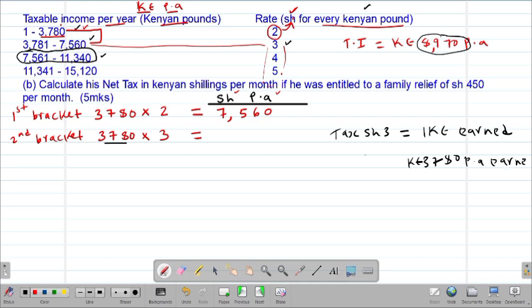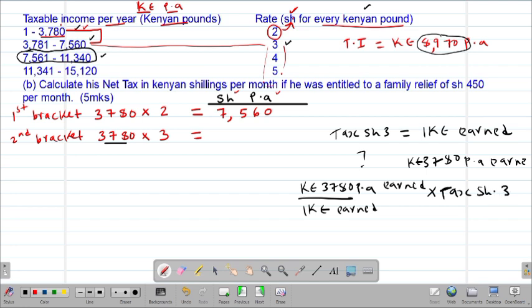If you do cross multiplication, you just have the Kenyan pound of 3780 per annum, then you divide by 1 Kenyan pound which is being earned, then multiplied by a tax now of 3 shillings.